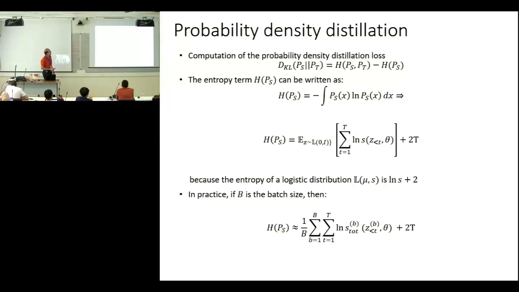This can be decomposed into two terms. The first term is the entropy term, which in the case of the logistic distribution has a closed form.